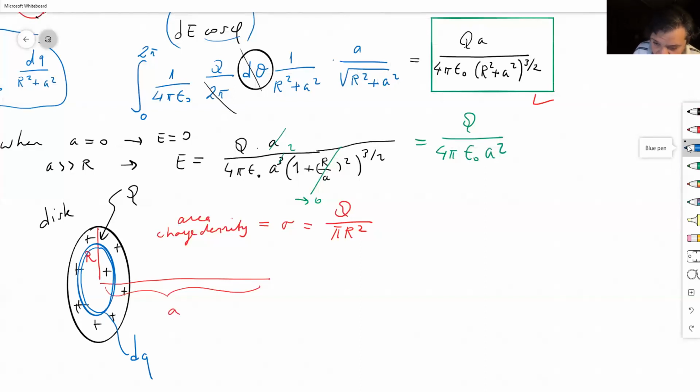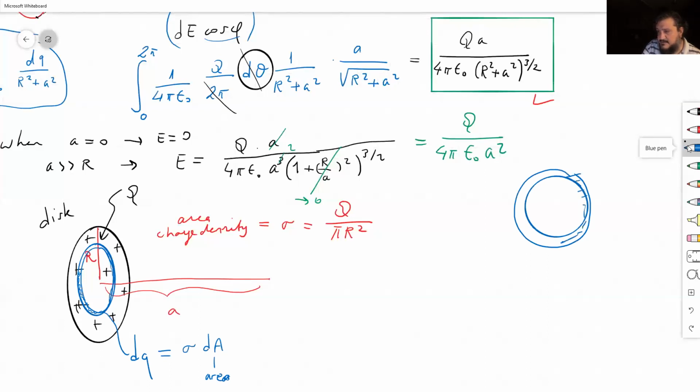How do I write dq in terms of sigma? Sigma is the area charge density. If I multiply the area of this blue ring by sigma, I get the charge. We call it dA. dA is the infinitesimal area. Here, this shaded area. If I can draw it here, maybe bigger, you'll see. This is the ring.